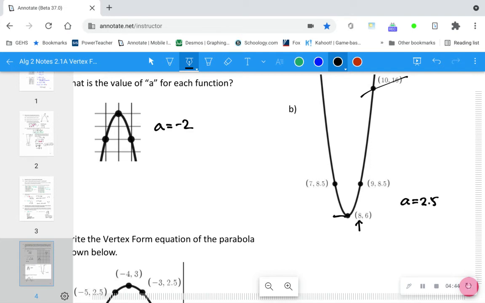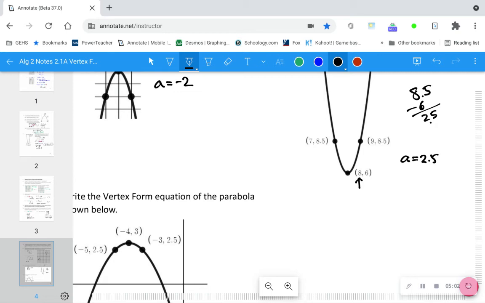Does it do the same thing over here, 1 to the left and 2.5 up? It sure does. From 6, the height of 6, to the height of 8.5. Let me just subtract here. That's your a value.